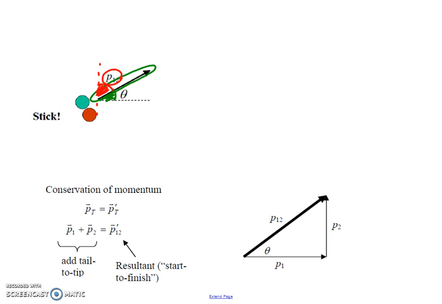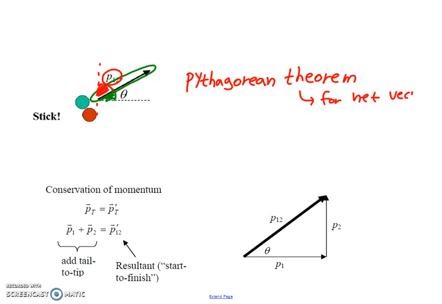And using P1 and P2 with the Pythagorean theorem, we can find the quantity of our net vector when it comes to SOHCAHTOA.